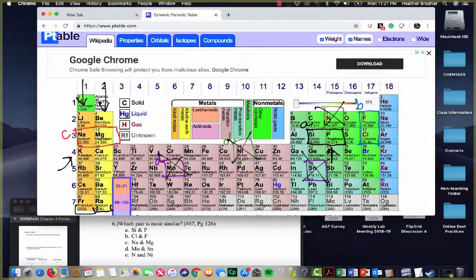So these are actually in different groups, so they're not going to behave close to each other. But if you look at this one over here, you'll notice these are in the same group going down. So the chlorine and the fluorine in this answer come from the same group. They would be the most similar because they have similar chemical and physical properties.